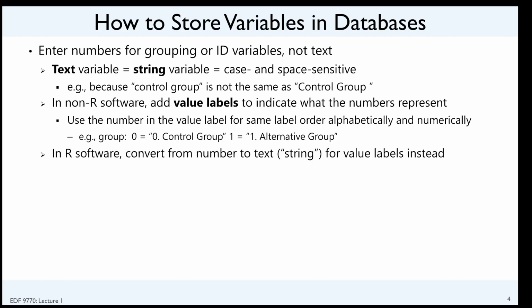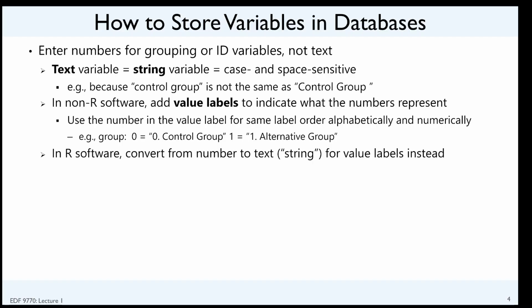If you want to add value labels, which is a representation of how the number maps onto the label that you intended, that's a great thing. R doesn't do that either. You have to turn them into strings. So you would start with numbers and then turn them into strings. The convention that I follow, though, is to put the number that the variable label represents as part of the title, because it otherwise will reorder it, numeric into alphabetical.